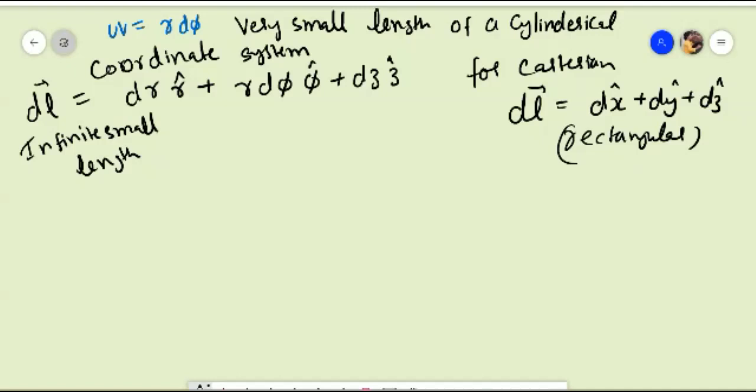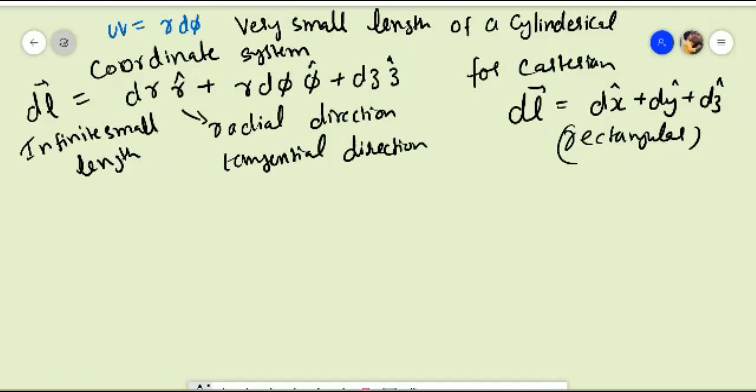Okay, so here we have the three directions. This is our radial direction, then we have our tangential direction, and then we have our vertical direction.